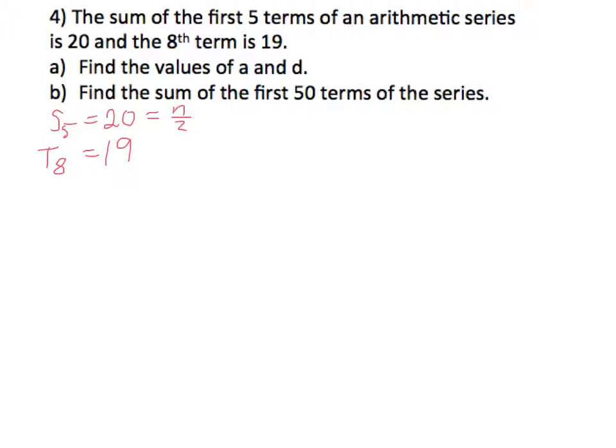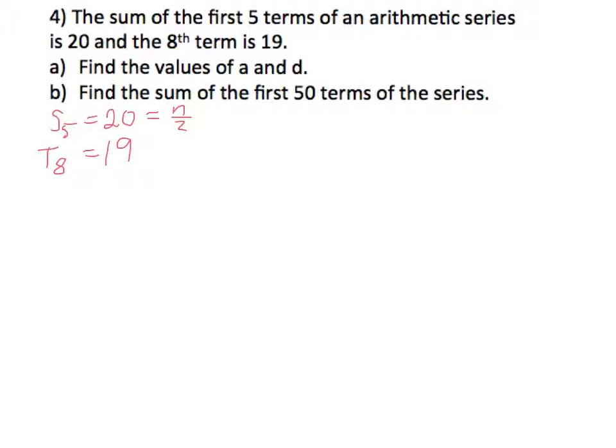And what do we have? 2a plus n minus 1 times d.